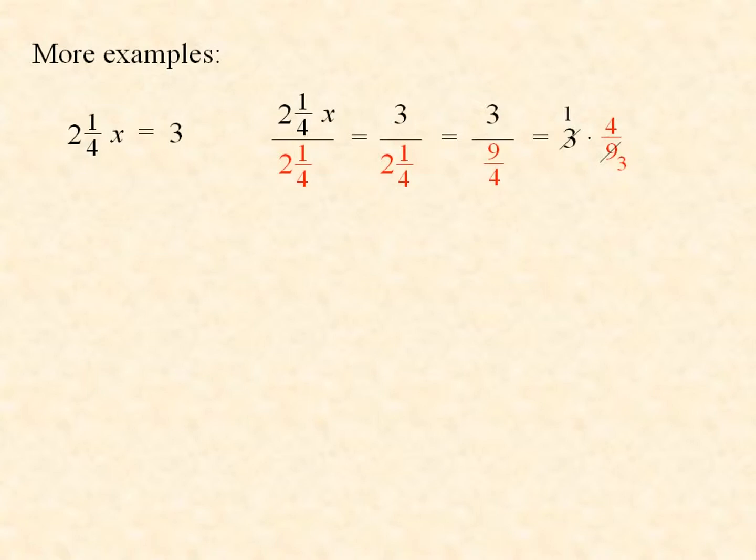And we end up with x equals 4/3. Or we could write the 2 1/4 as 9/4 at the beginning, so the equation is equivalent to 9/4 x equals 3. And then we can multiply by the reciprocal of 9/4, which is 4/9. That will cancel the 9/4 in front of the x. And again, on the right side, we can simplify before we multiply and end up with 4/3.